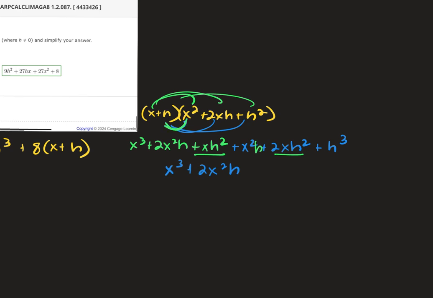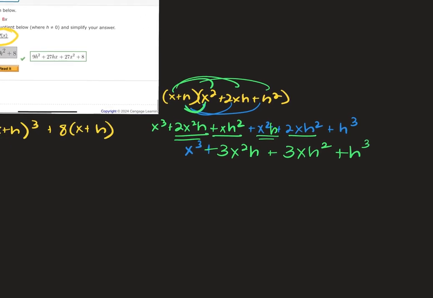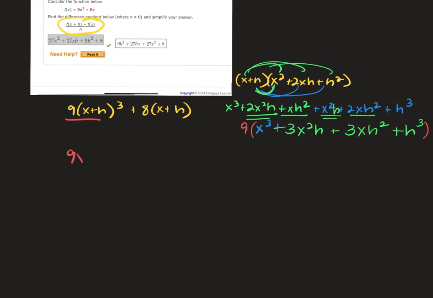So that you do have two to combine. Those two give us 3x squared h, and then there's also a 3xh squared, and then plus h to the third. That's just cubing it. Then we'd have to multiply the whole thing by 9 because of the 9 on the front here. So I'd get 9x to the third plus 27x squared h plus 27xh squared plus 9h to the third.